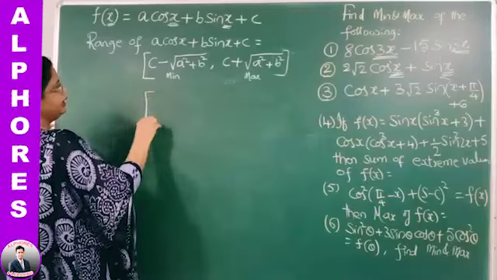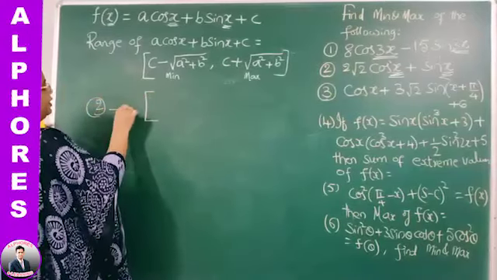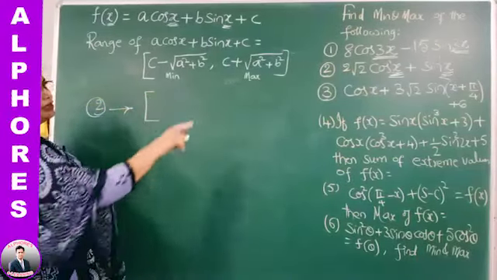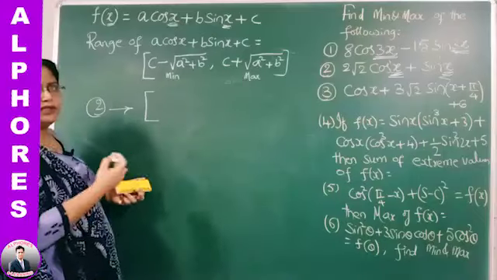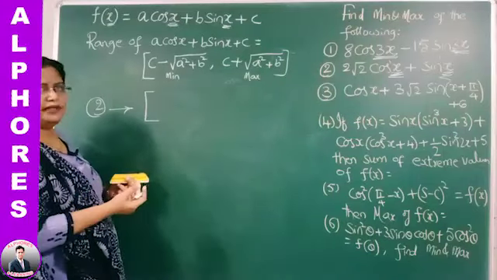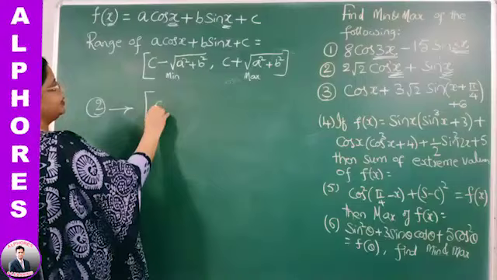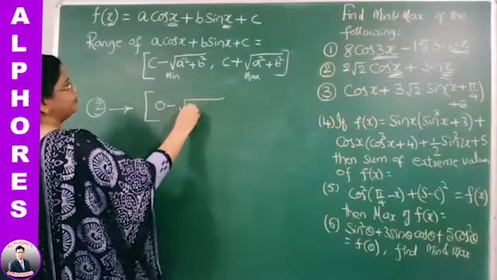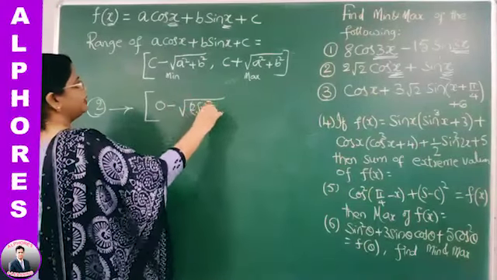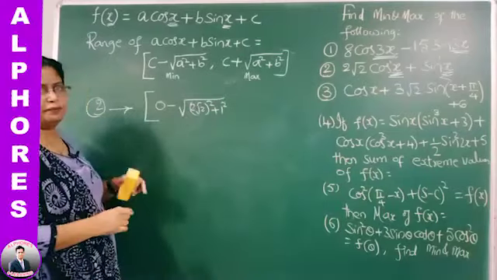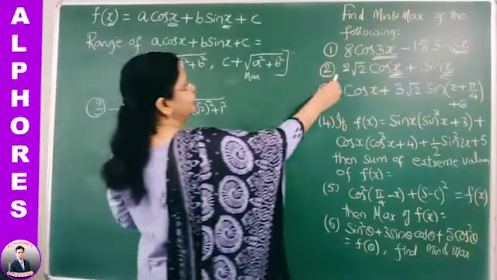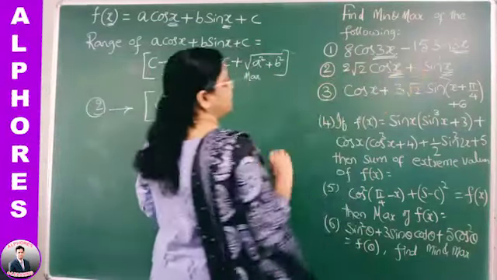Then what will happen here? The range for the second problem is nothing but c value, observe. What is the c value here? The c value is 0. Therefore 0 minus under root of 2 root 2 whole square plus 1 square, right? A square plus b square, the coefficient is 2 root 2, whereas here it is 1.